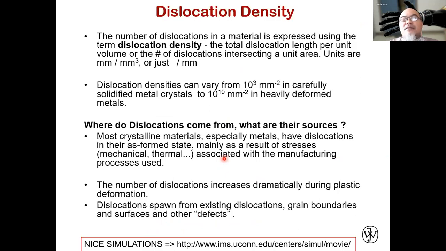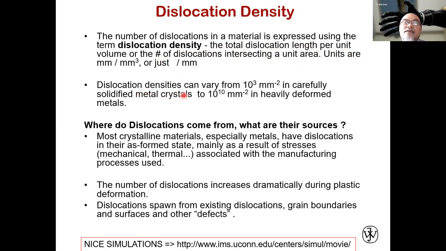The number of dislocations in a material is expressed using the term dislocation density. This is the total dislocation length per unit volume, or the number of dislocations intersecting a unit area. The unit is millimeters per cubic millimeter, or just dislocations per square millimeter.